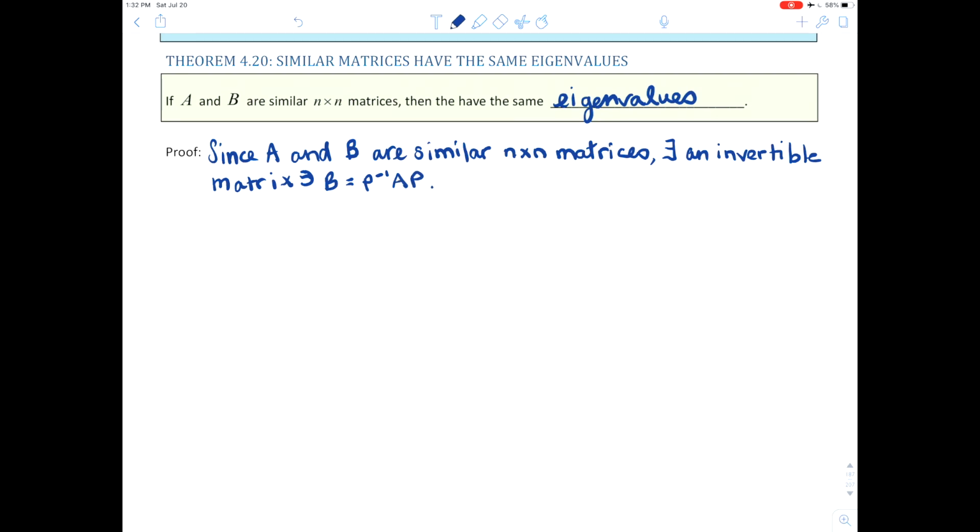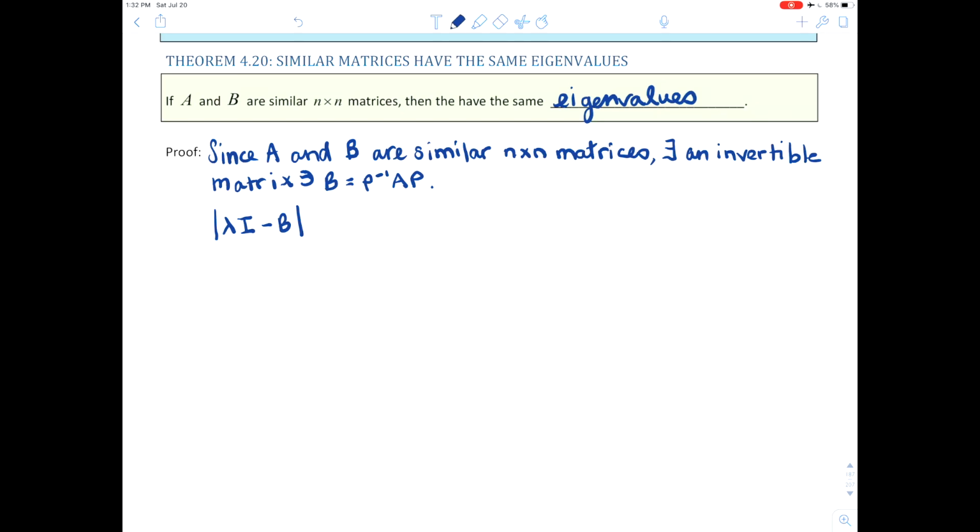Good? All right, well, we're talking about eigenvalues. So the evil plan here is we want to show that these are going to have the same characteristic polynomial, right? So if we start off with checking out the eigenvalues for B, this would be lambda I minus B, and that's the determinant of lambda I minus B, right?